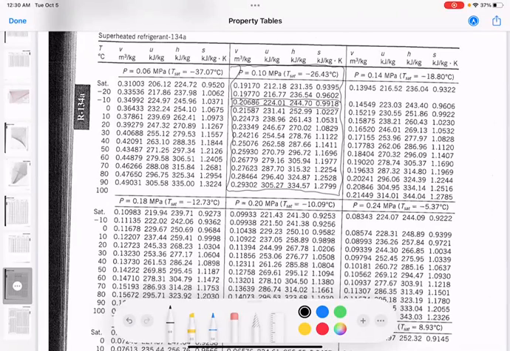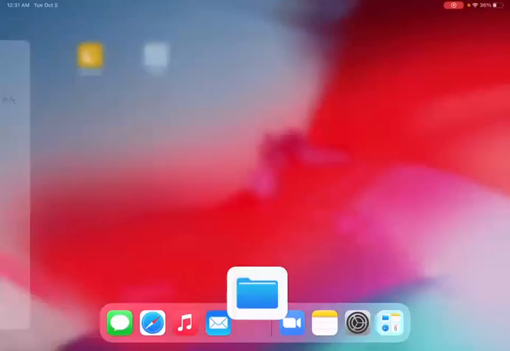This is our specific volume, and this is our enthalpy. We don't want the specific volume, though. We want the volume, so we multiply the specific volume by the mass of refrigerant in the piston, 0.9 kilograms. So 0.9 times 0.20686 gives us an initial volume of 0.186.